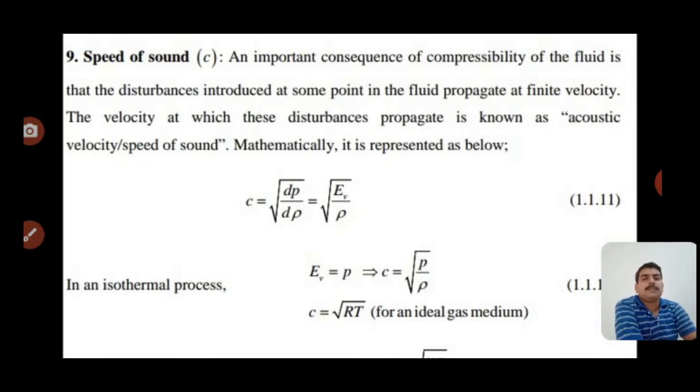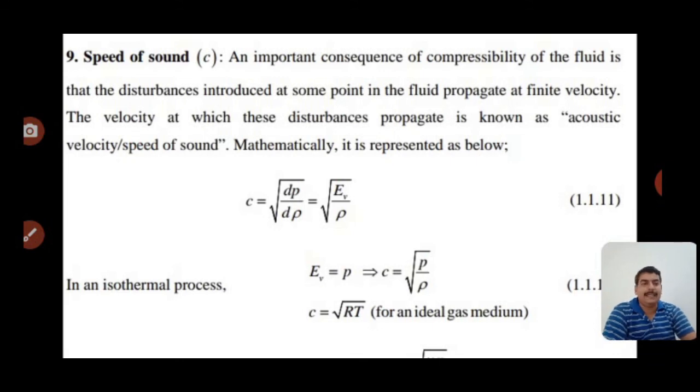Now the next one is the speed of sound, denoted by capital C. The velocity at which a disturbance propagates is known as the acoustic velocity, or speed of sound. Mathematically, C is equal to square root of dP upon d rho, which is equal to square root of E_V upon rho, where E_V is the bulk modulus. For an isothermal process in an ideal gas medium, C is equal to square root of RT.